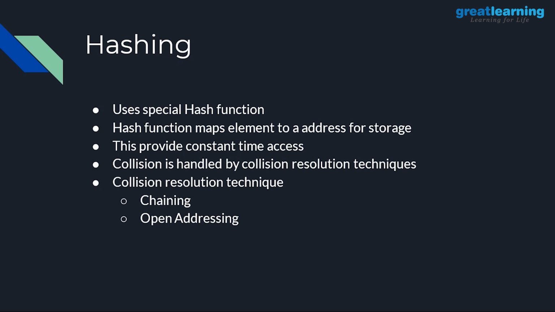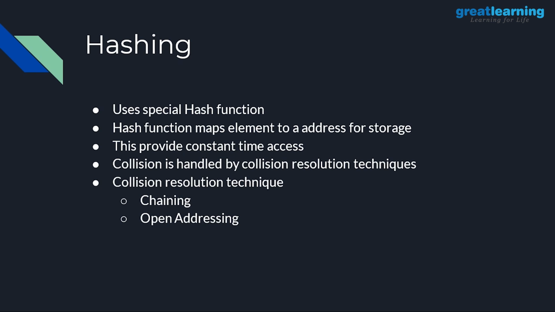Basically, in double hashing, what do we use? We use two hash functions, okay, wherein we use first hash function plus the ith collision into second hash function. So these are the techniques that we use to avoid collision or to minimize collision, and also keeping in mind that we are evenly distributing our elements.